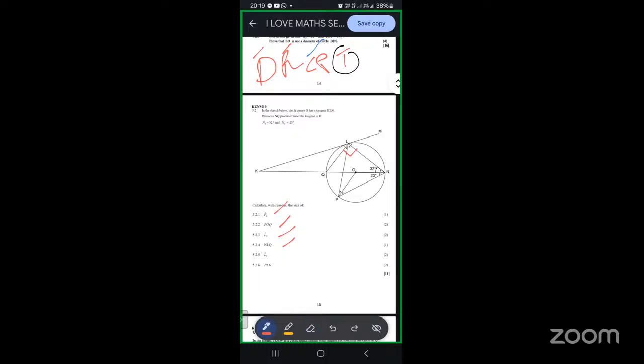Then let's hear the reasoning behind that statement from Oneide. What do you think the reason behind that statement is, Oneide? Angles at the center are 2 times the angle at the circumference. Oh, okay. Which one did you multiply or which one did you divide?